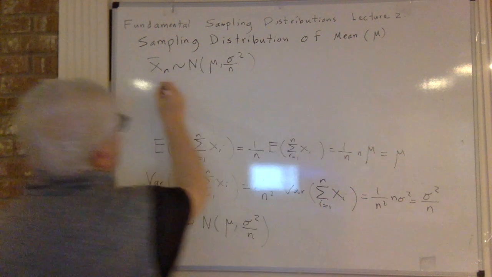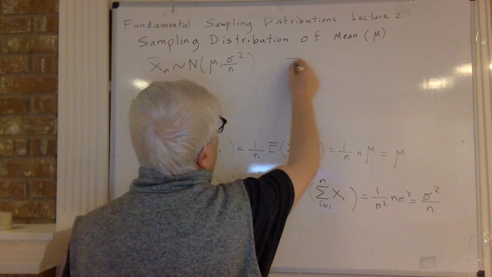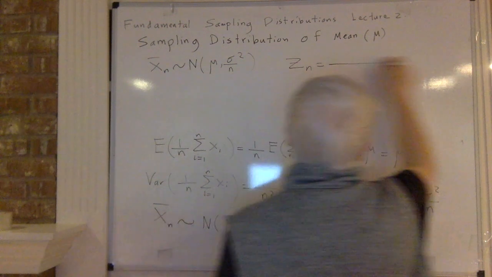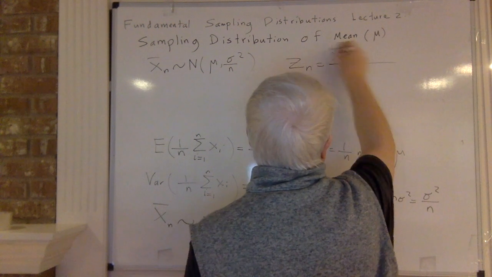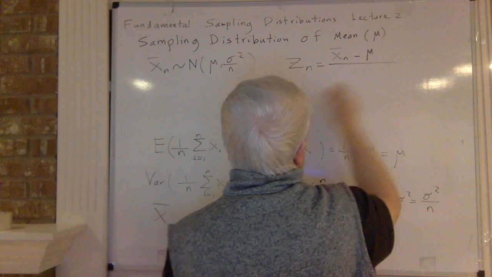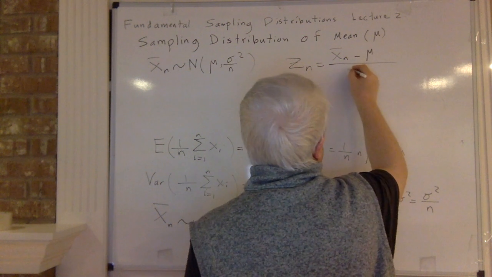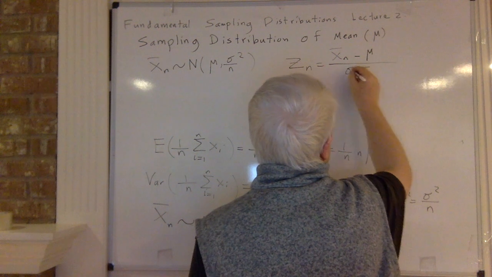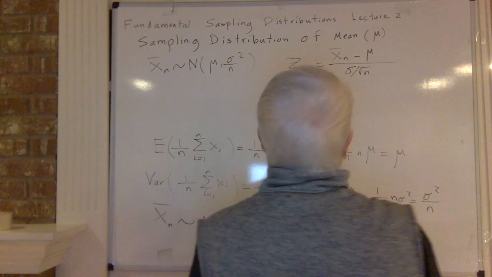So let's define Zn like in the central limit theorem. We have x bar n minus mu, divided by the standard deviation, sigma over square root of n.